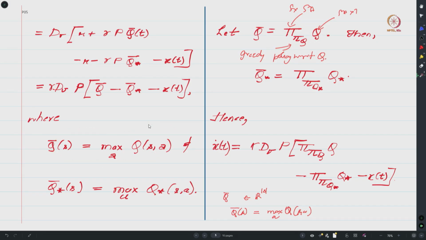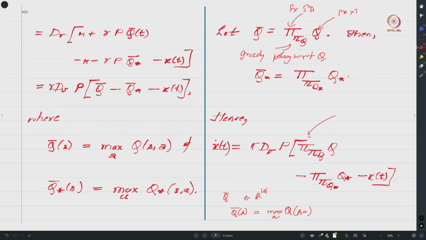So I can define capital pi subscript pi q star to denote picking that action which maximizes your q star values, right. So in this way we can define it, and hence one can show that x dot of t is gamma d nu p, which I have copied over here, and instead of writing q bar, I am now going to write it as capital pi subscript little pi q.